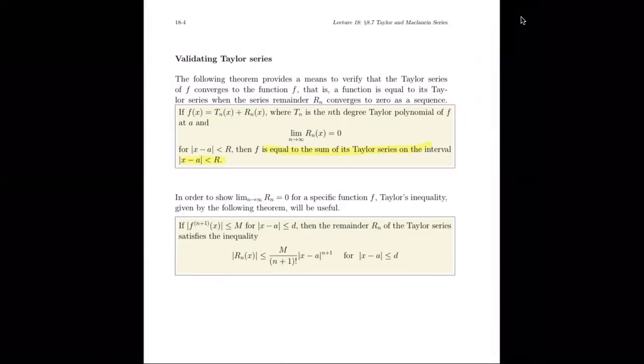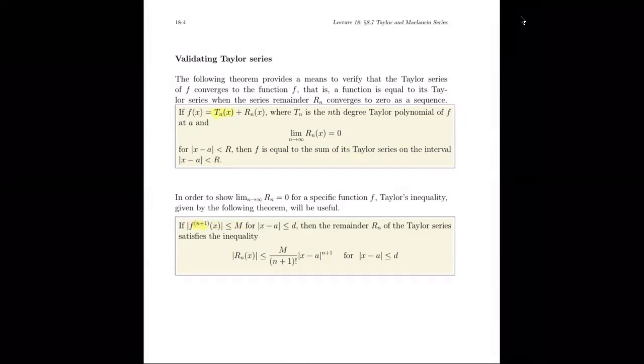Okay, so a useful way to show that this limit goes to 0 is to recognize that there's a bound here on R sub n of x that we can use. Now this is where M is the bound on the n plus first derivative, which is interesting to note. That's the term after our last term in T sub n.